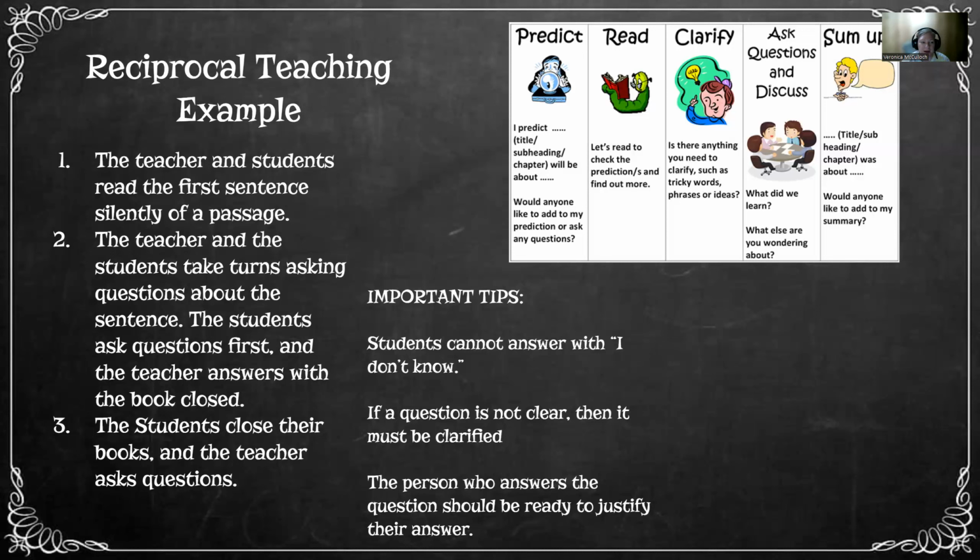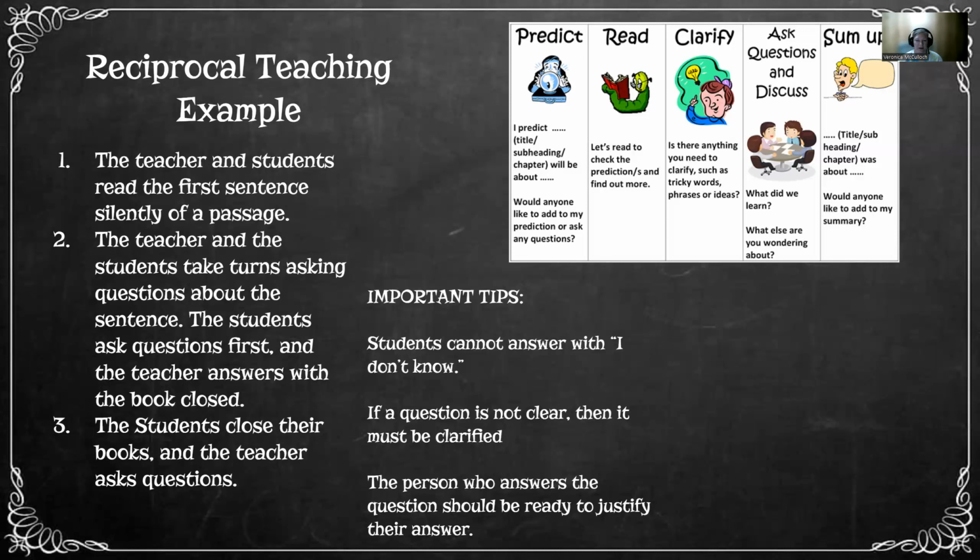So an example of that would be the teacher and the students read the first sentence of a passage silently. And then the teacher and the students take turns asking questions about the sentence. The students ask questions first, and then the teacher answers with the book closed. The students close their books and the teacher asks questions.